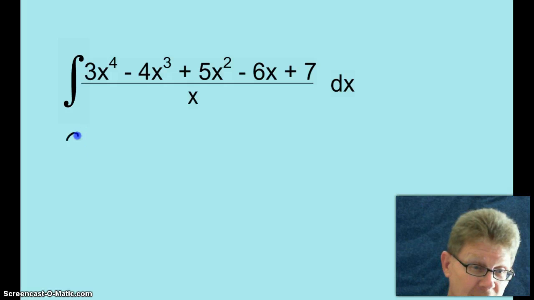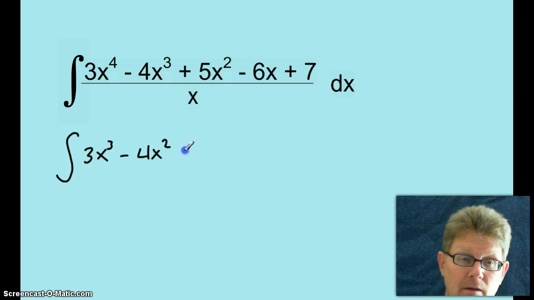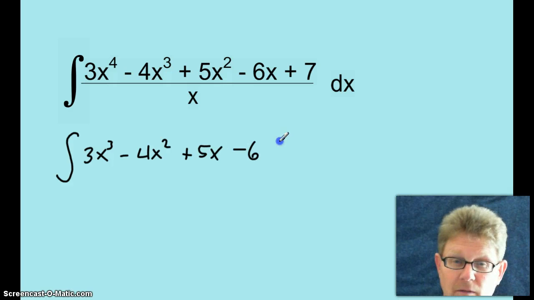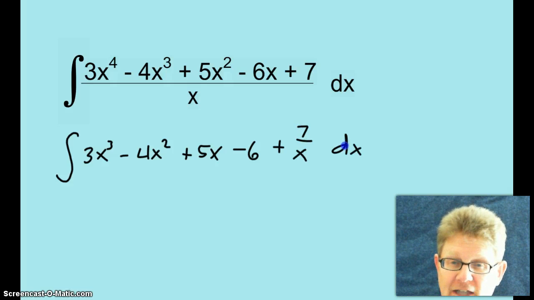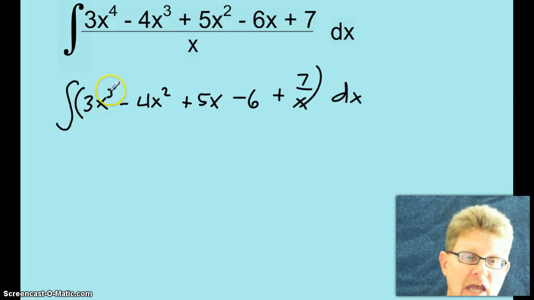I can simplify this and say the integral of 3x to the third minus 4x squared plus 5x minus 6 plus 7 over x. I just rewrote every fraction by itself. They were all over x, and then I reduced. Okay, add 1 to the exponent, 4, multiply by the reciprocal, that would be 1/4, 3/4.